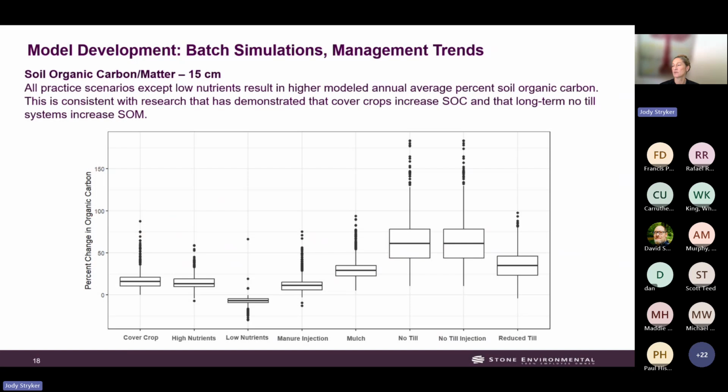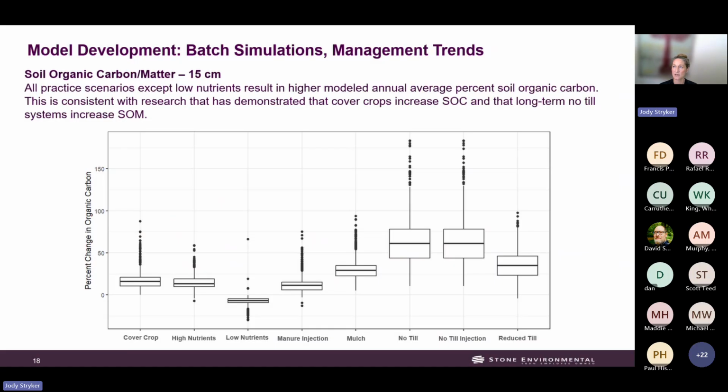Okay, so now for the next few plots, what we wanted to do was essentially confirm that the model is responding to various management scenarios consistently with trends that we know to be true or would expect to see based on that review of literature. So again, these are based on either average annual or average growing season values over a 30-year simulation.